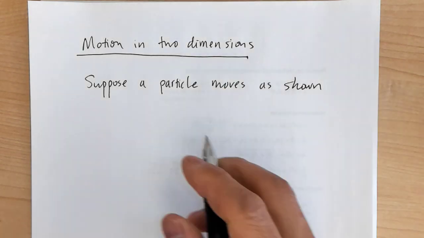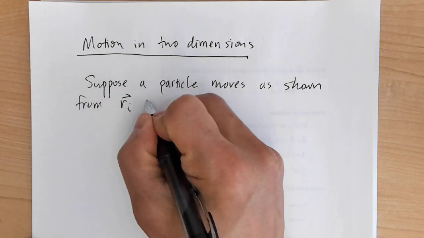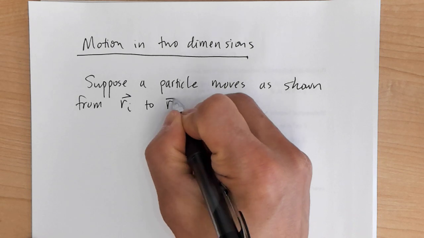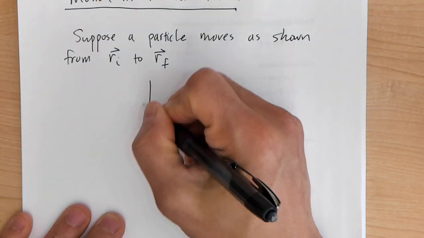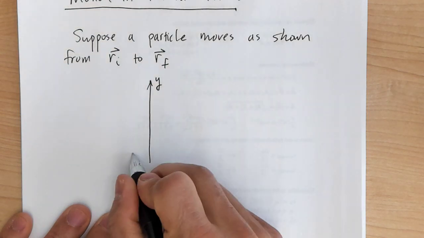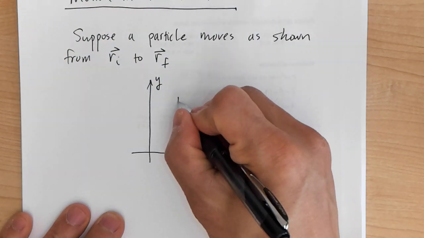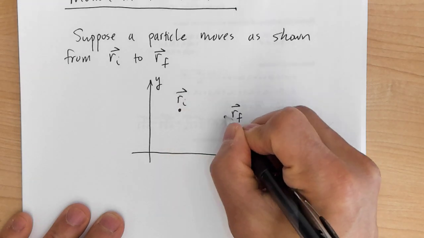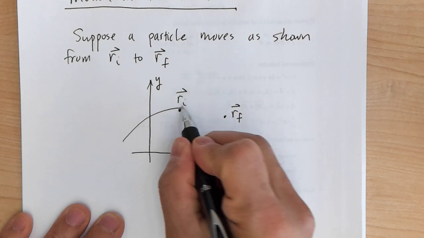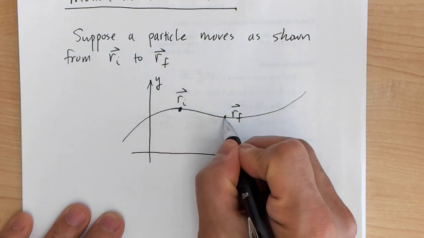I'll make a plot from some initial position Ri to some final position Rf. Here's Ri. Let's say Rf is somewhere over here. And it does some sort of a trajectory like this, going through these points.